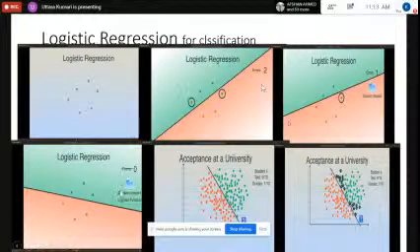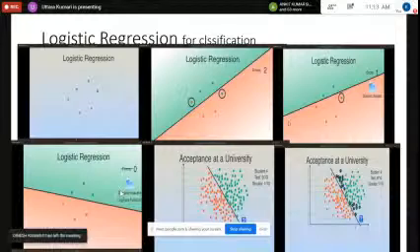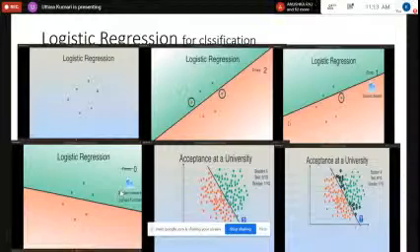This is the concept behind whenever you call the logistic regression function in your Python code. Every time it calculates the log loss function by finding the probabilities.